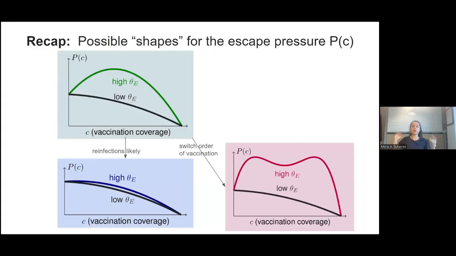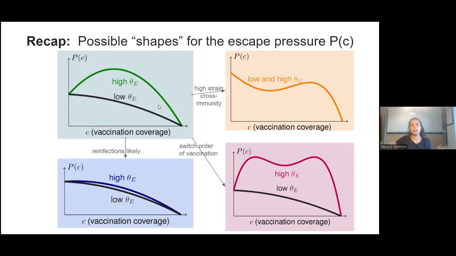But just to recap, I had shown that it's not always intermediate vaccination levels that maximize the risk of escape. We had two scenarios with two different possible behaviors. And if we add in stochastic emergence with high strain cross immunity, then we get a different shape.